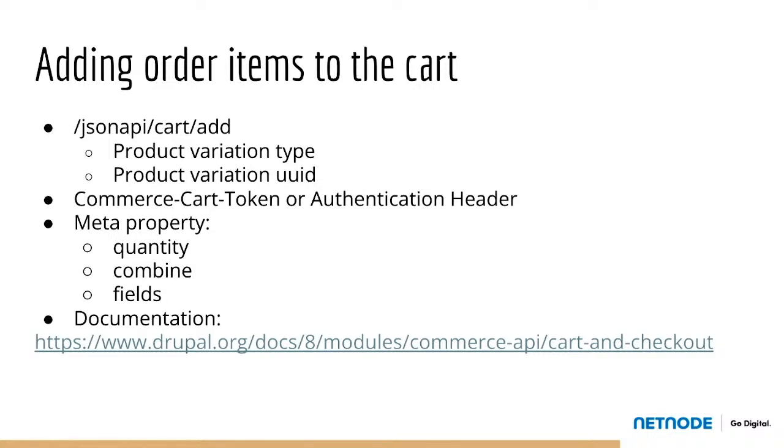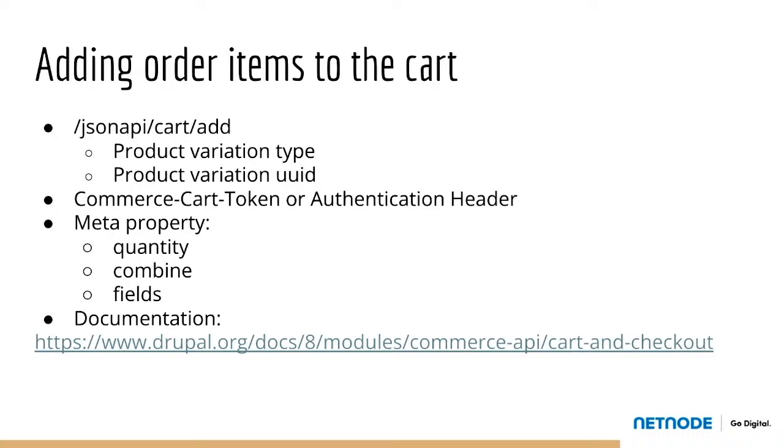You need to send the product variation type and also the product variation UUID. Make sure that you have the commerce cart token or the authentication header set if you do this request, otherwise it won't work. And what's really nice on this request is the meta properties that you have.